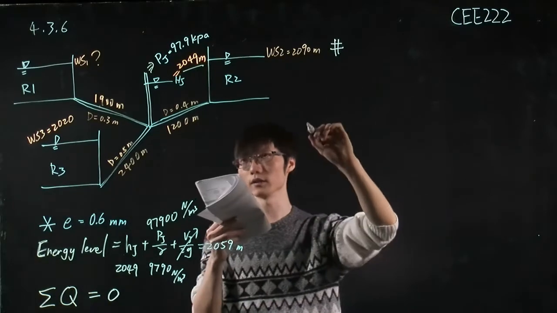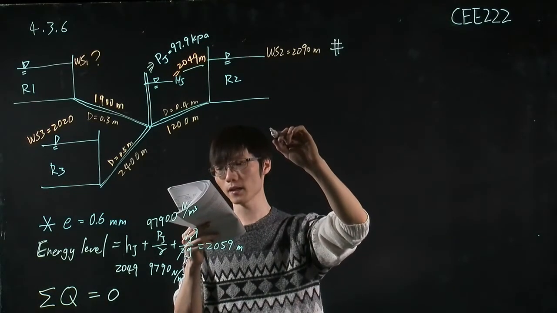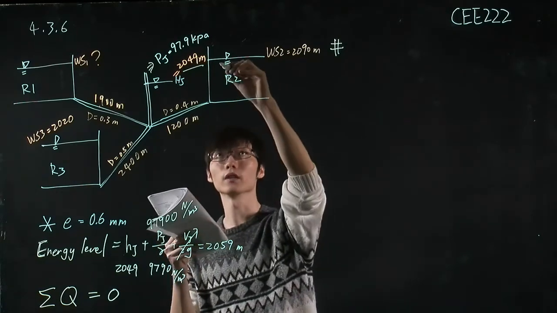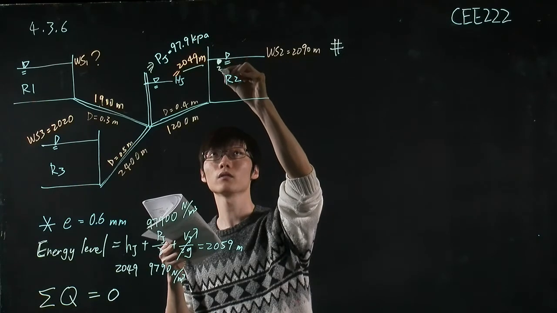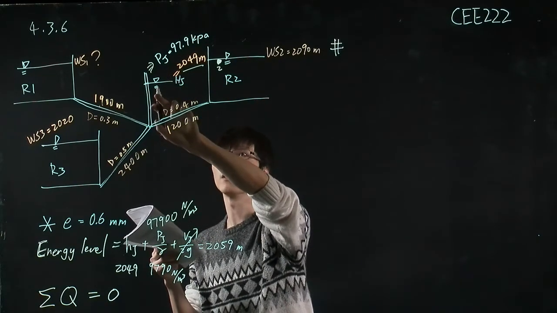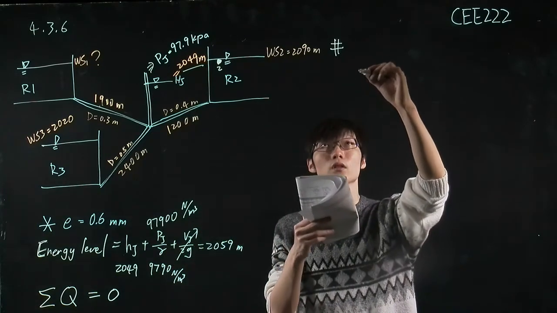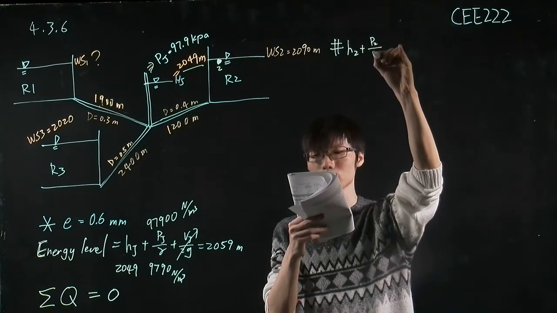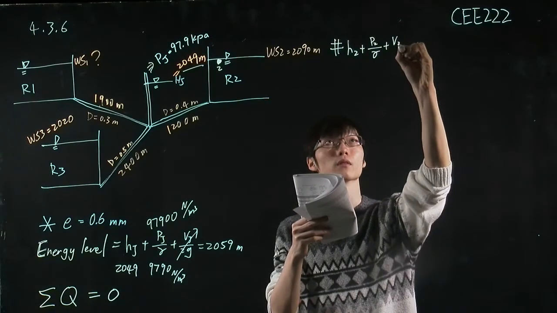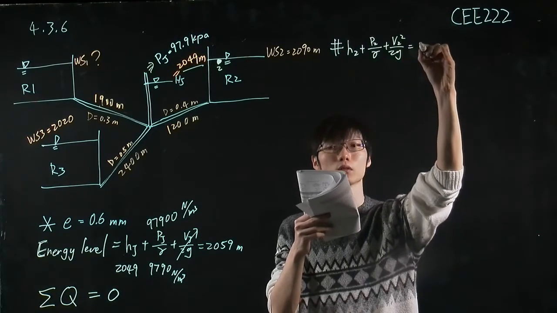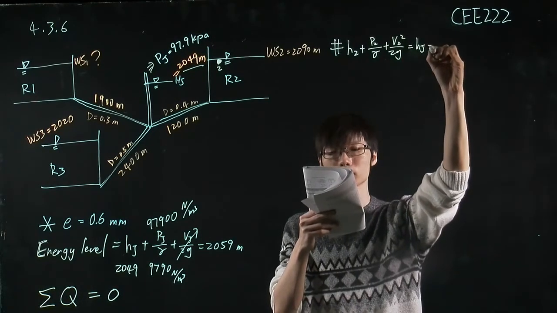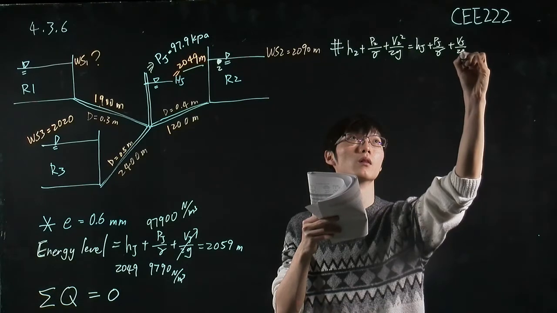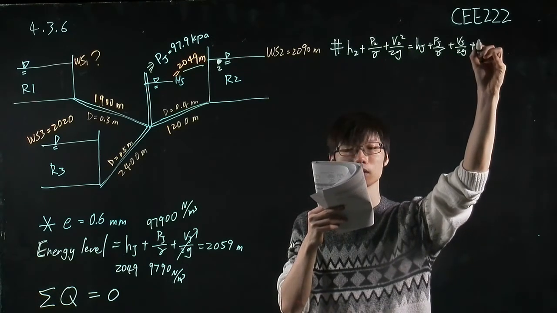Similarly, we write down the energy balance equation for this point 2 and this junction. So H2 plus P2 divided by gamma plus V2 squared over 2g equals the junction energy plus HL.